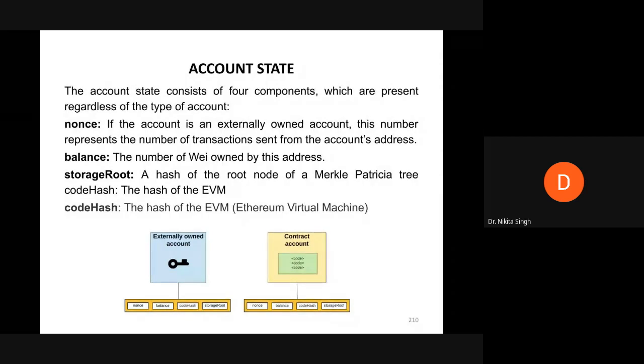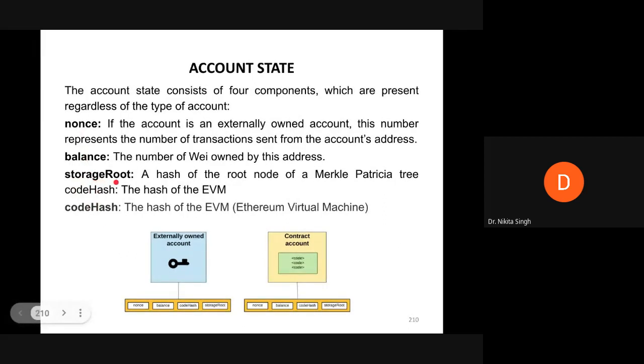So if you remember with Bitcoin, we had several transactions inside a block, and we were hashing the transactions again and again until we got the Merkle root hash. So here also we have a term which is known as the storage root. The storage root will store the hash of the contents of this account, and it is empty by default.